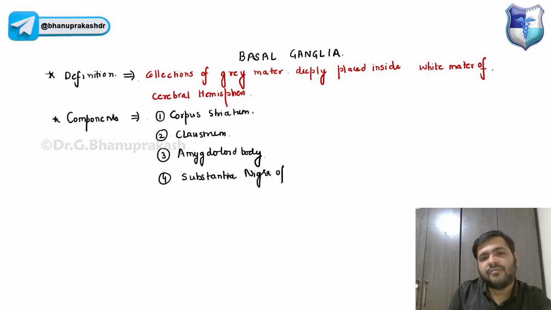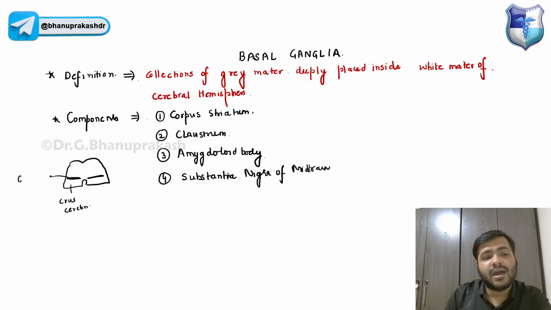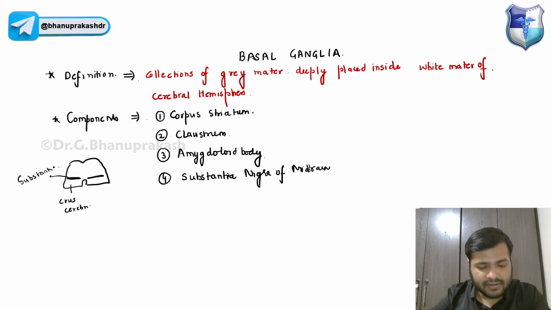I hope you remember whenever we have taken a section of the midbrain, I told you that the most anterior part is the crus cerebri, or cerebral peduncles. Over here, the most anterior part we have the substantia nigra. So it's making a physiological component of the basal ganglia over here, right? That is the substantia nigra that you have to remember.